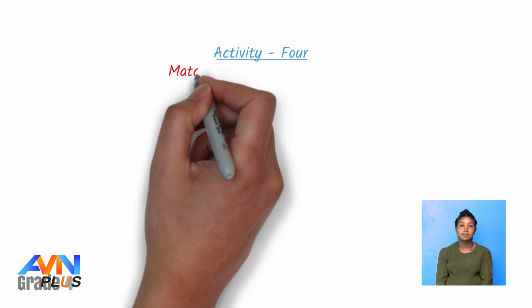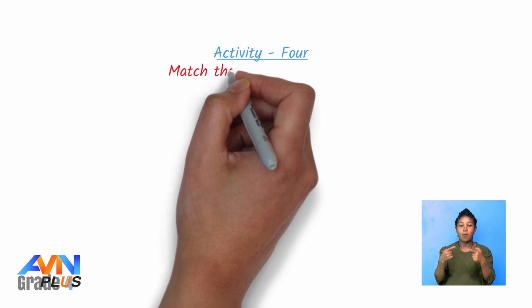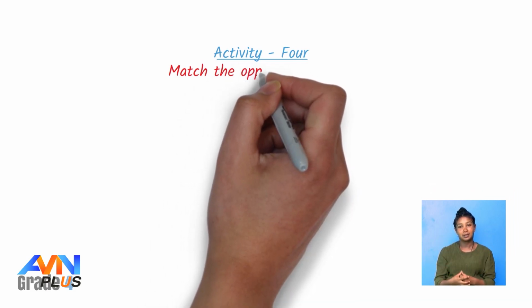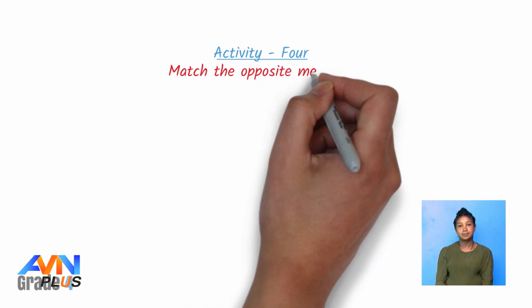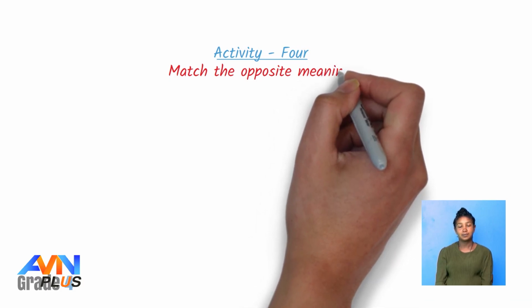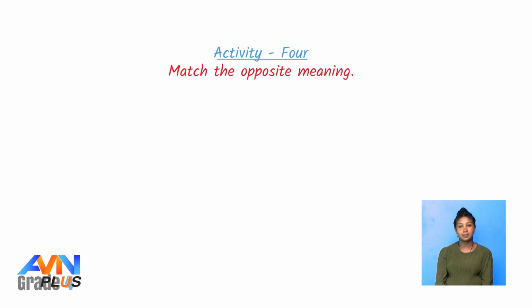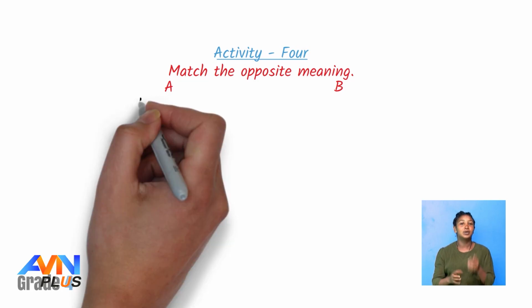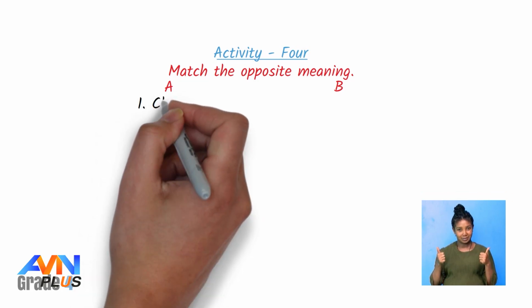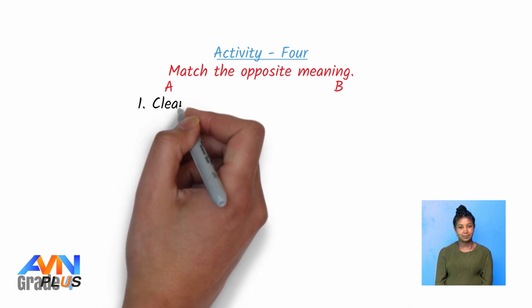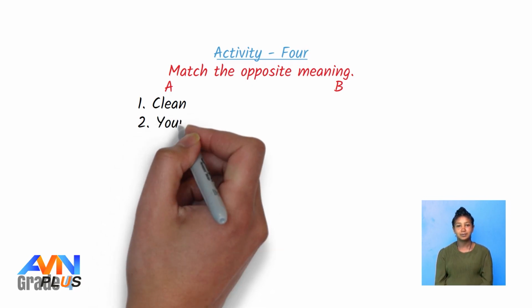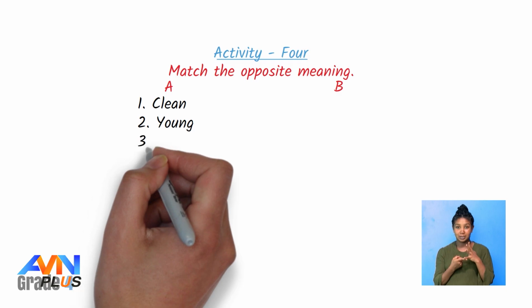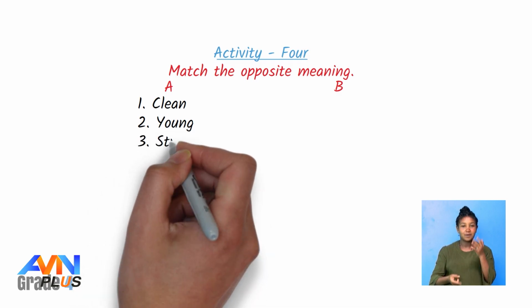Match the opposite meaning. Here is column A: 1, clean; 2, young; 3, strong; 4, rich; 5, soft.